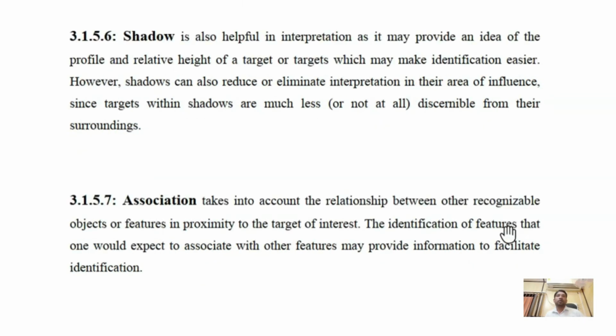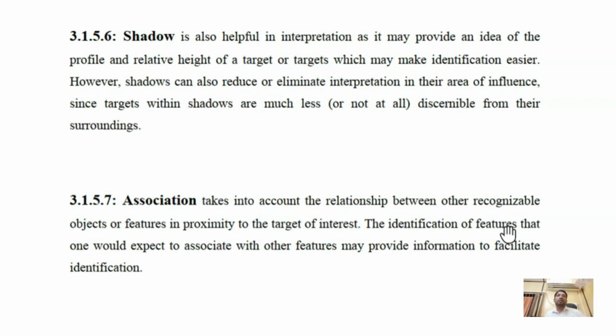Shadow is also helpful in interpretation as it may provide an idea of the profile and relative height of a target or targets, which may make identification easier. However, shadows can also reduce or eliminate interpretation in the area of influence, since targets within shadow are much less discernible from their surroundings.